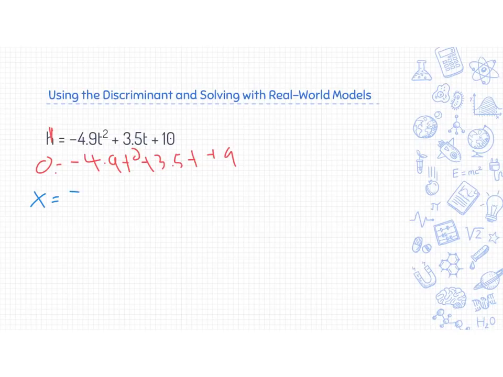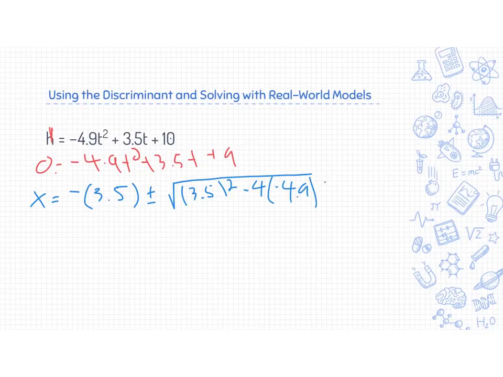So x equals negative b, which is negative 3.5, plus or minus the square root of b squared, which is 3.5 squared, minus 4a, which is negative 4.9, times c, which is 9, all over 2a, which is negative 4.9 times 2.